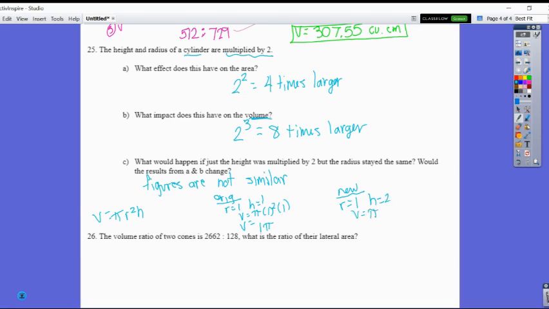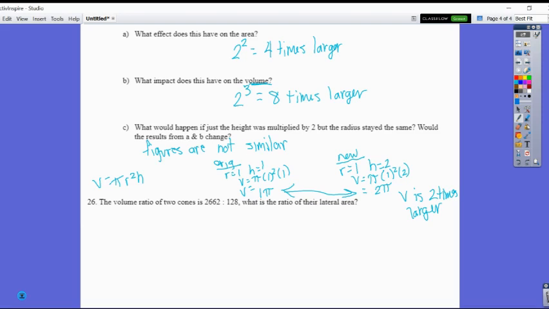So I'm talking about pi times 1 squared times 2. So that's 2 pi. Comparing these two, for instance, the volume is 2 times larger. There would be a different comparison and a different result for surface area as well.